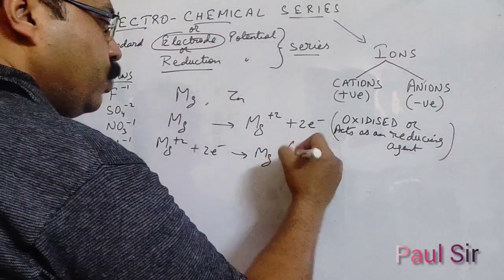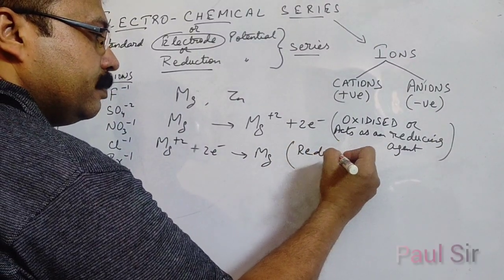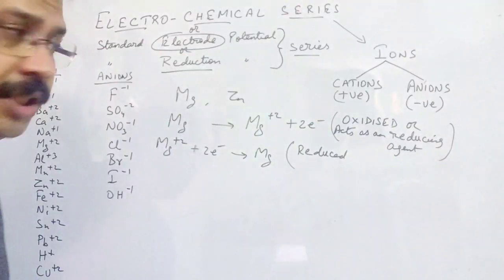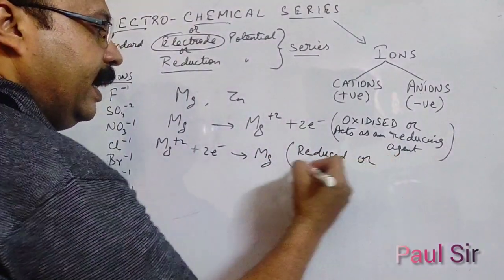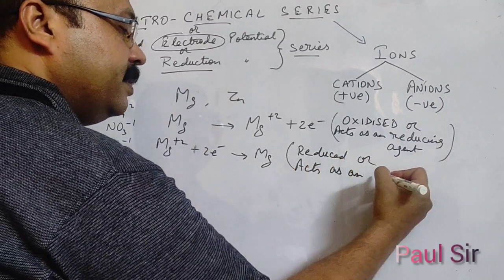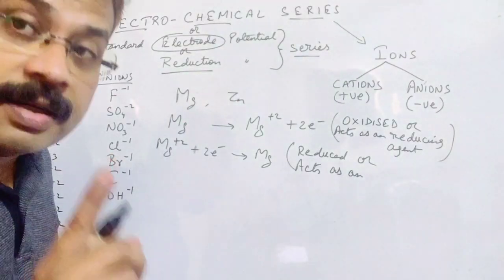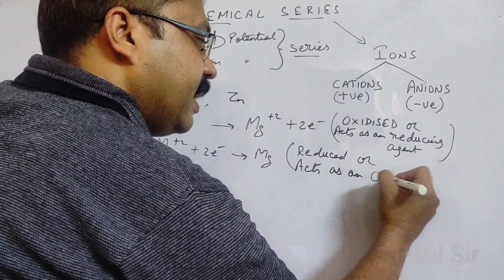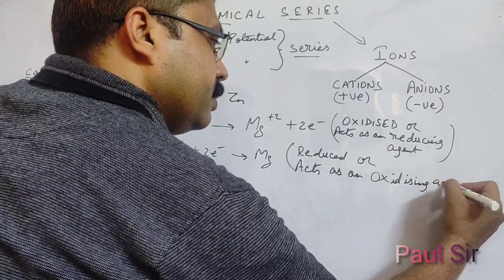If it gains 2 electrons, that means it is getting reduced. Gain of electron is reduction. The one which gets reduced acts as an oxidizing agent.